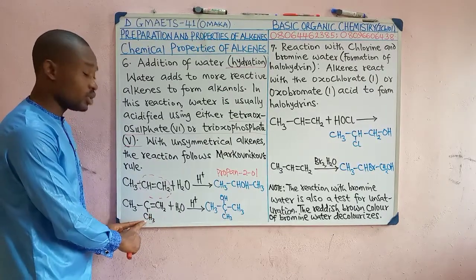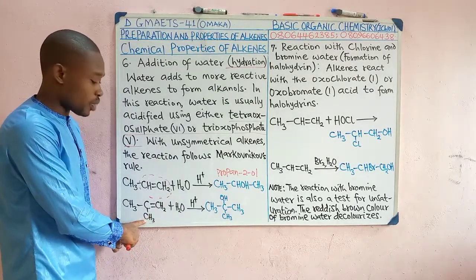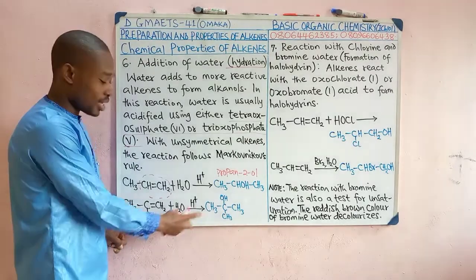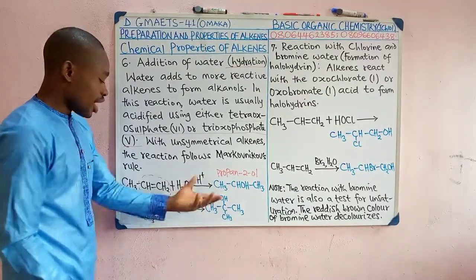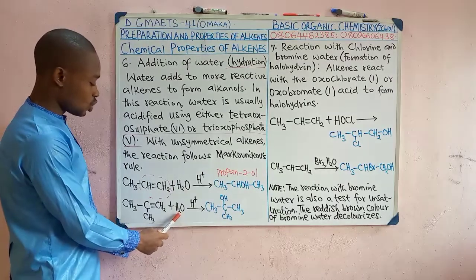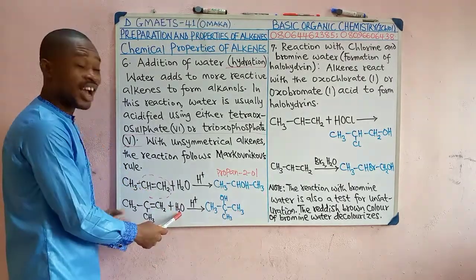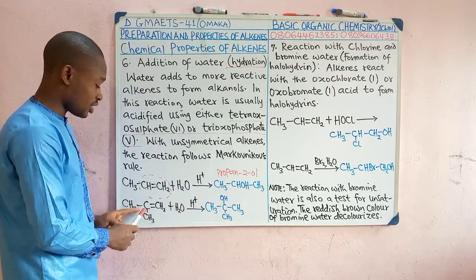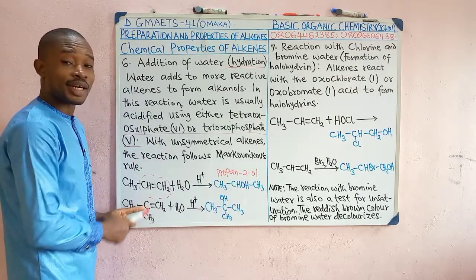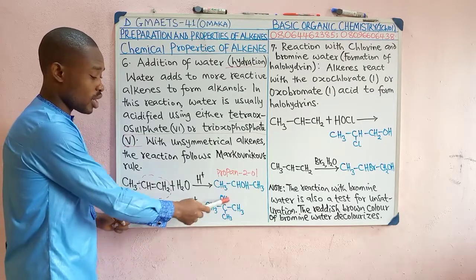We now look at this compound. This is 2-methylpropane. 2-methylpropane reacted with water, acidified water, and then as usual, hydrogen from this water will attach to this CH2 to make it what? CH3, and then the hydroxyl OH negative will now attach to this carbon. Is that okay? To give us this OH here.